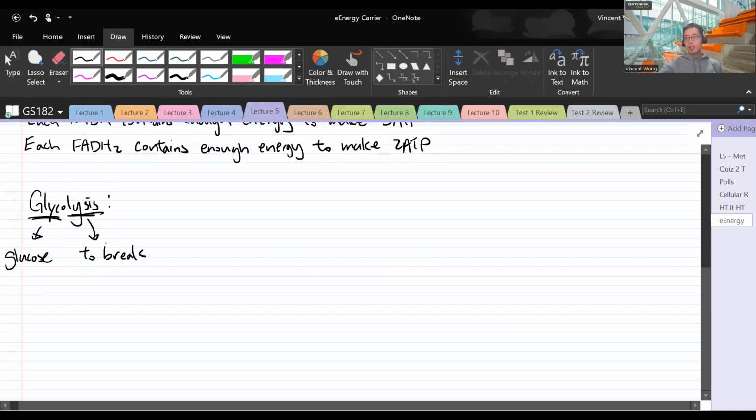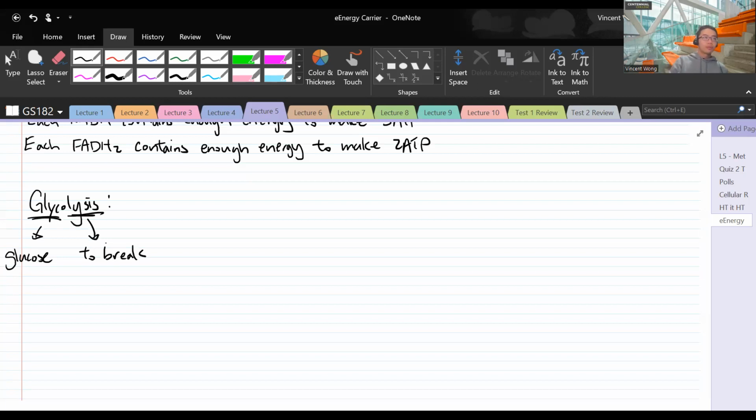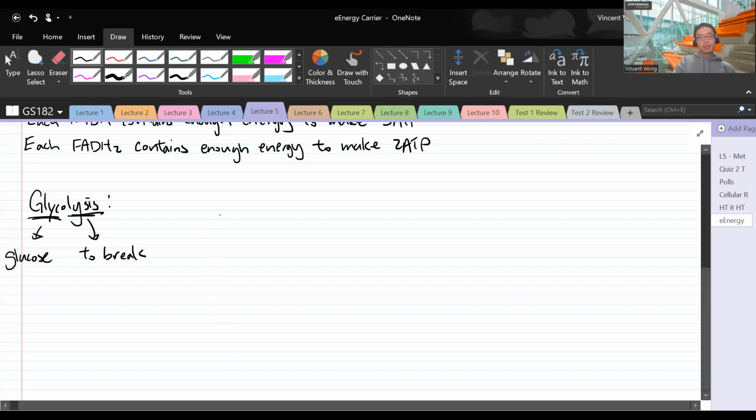So glycolysis literally means to break the glucose. Okay. So there are two phases here. There are actually 10 steps, right? But we don't have to memorize the 10 steps. We just have to know it's broken down into two stages, two phases, we'll say. We have the energy investing phase.